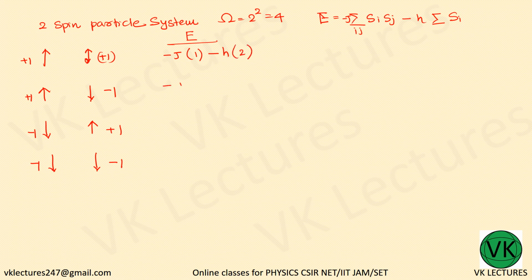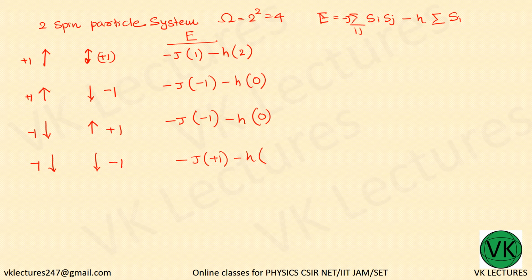Now again minus J into Si Sj, plus 1 into minus 1, that is minus 1, minus H into 0, because the sum of plus 1 and minus 1 is 0. Again minus J into the product minus 1, minus H into sum 0. Then minus J into minus 1 into minus 1, that is plus 1, minus H into 0.